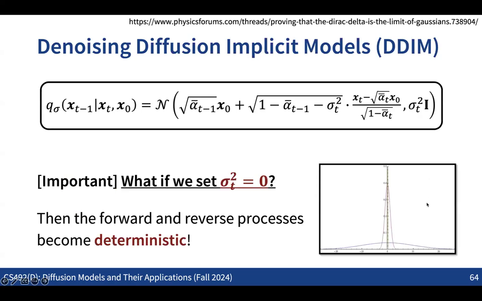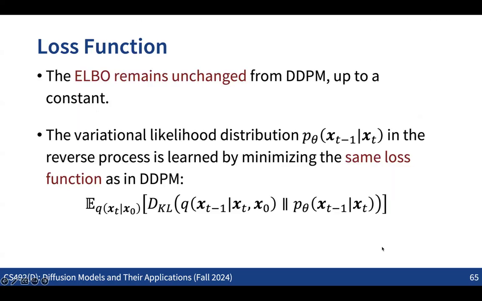That's the interesting part of DDIM. In DDIM, we can still run the reverse process with the same type of variational likelihood distribution, and even the loss function to train the parameters of the variational distribution is the same.